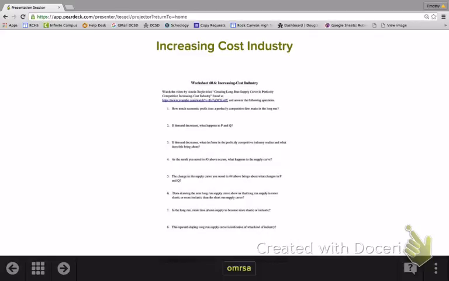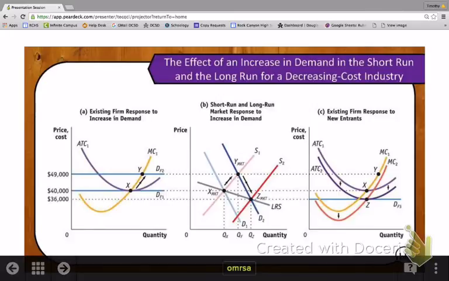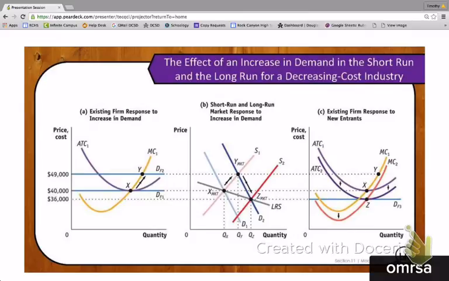Here's an activity that we'll do on increasing cost industry in class. The other thing that can happen is it's also possible for a market to have a downward sloping long-run supply curve. When it's an increasing cost industry, you have an upward sloping long-run supply curve that is more elastic than the short-run industry supply curve, but not perfectly elastic like under a constant cost industry.